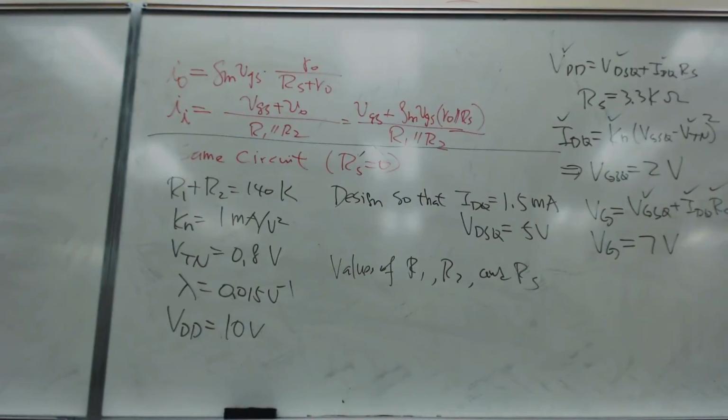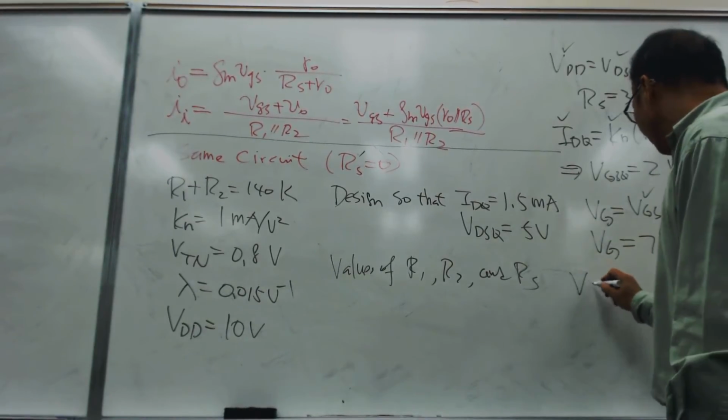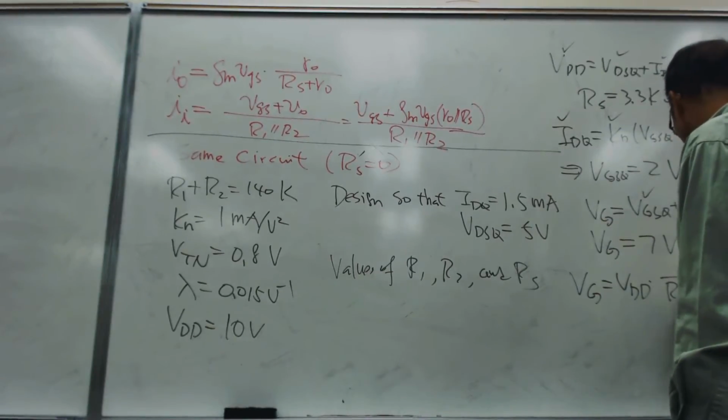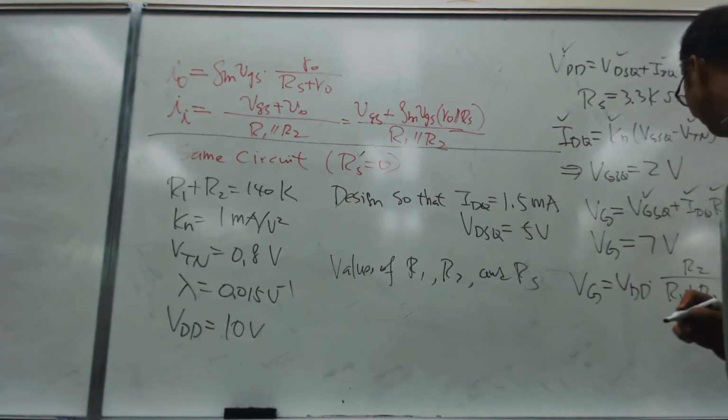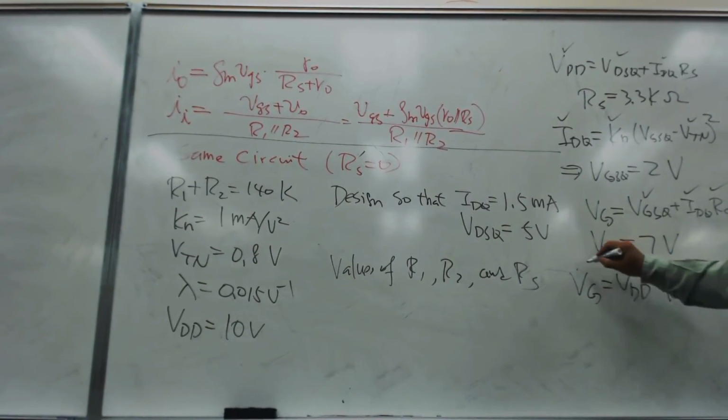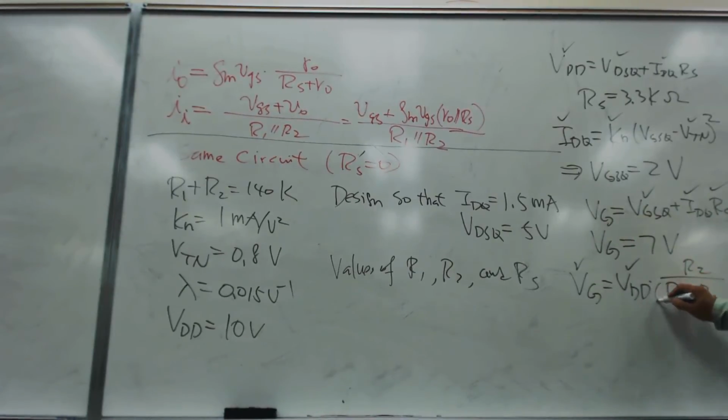Right? Okay, then there's a formula. VG is VDD times R2 over R1 plus R2, yes? So now, this is known, this is known, this is known, yes? Fortunately.